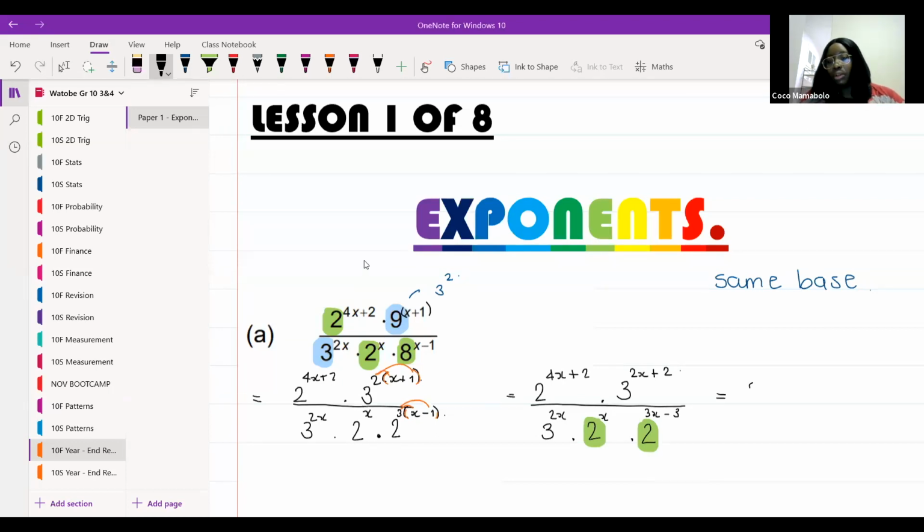So the numerator stays the same, 2 to the power of 4x plus 2 multiplied by 3 to the power of 2x plus 2. At the bottom, I'm going to put the 2's first, so I'm going to get 2 to the power of. Now my bases are being multiplied, so I'm going to keep my base and I'm going to add my exponents. I've got x plus 3x minus 3. What is that going to give us, guys? x plus 3x minus 3.